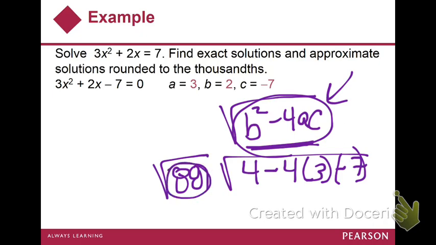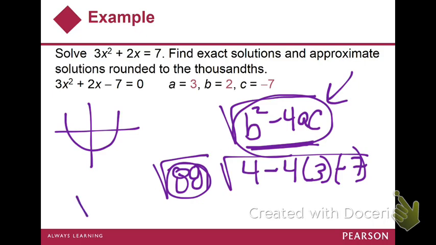And if this 88 is a positive number, that tells me my graph is going to cross the x-axis in exactly 2 spots. And then you need to go about finding those 2 spots just like we did. In our case, it was negative 1.90 and also 1.23. Those were our two places. So we found about where that is.